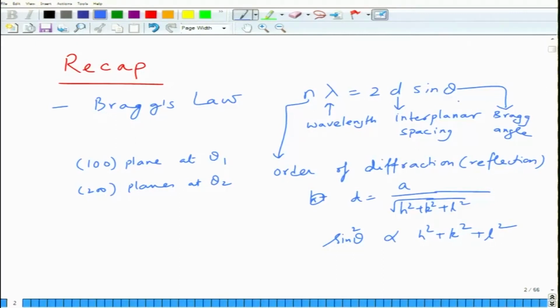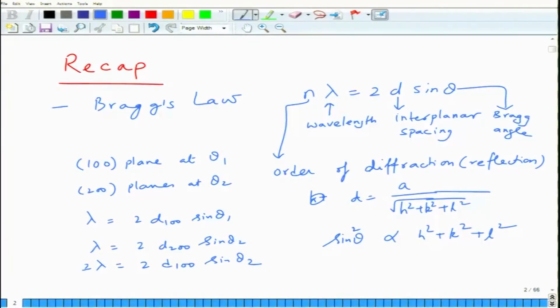By this equation, for 100 it is lambda equals 2d 100 sin theta 1, whereas for 200 the first order reflection would be lambda equals 2d 200 sin theta 2, which is equivalent to writing 2 lambda equals 2d 100 sin theta 2.